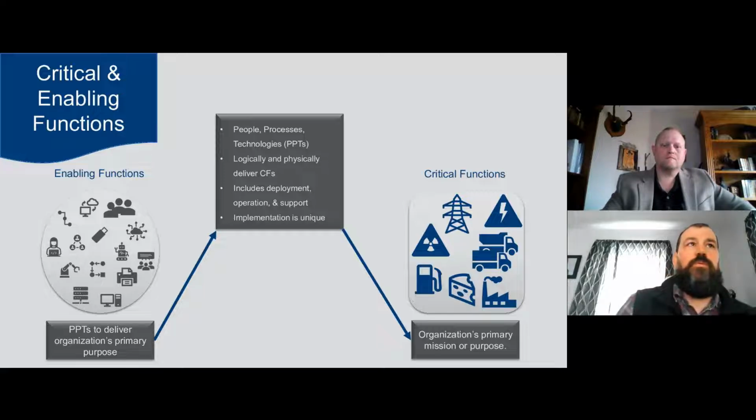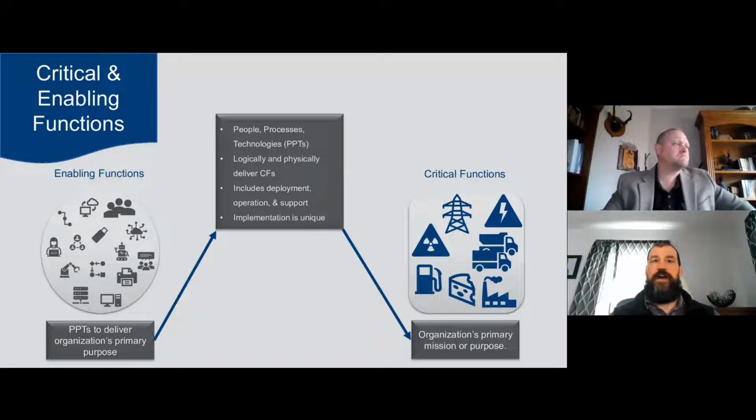So when we think about these critical functions, or that organization's primary purpose, the how of how we provide that critical function is what we term people, processes, and technologies.